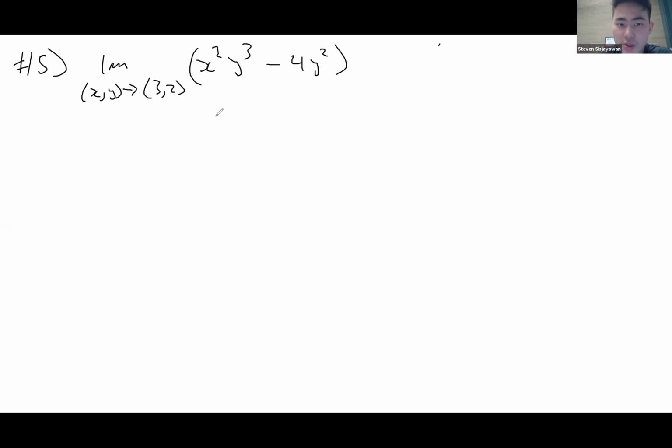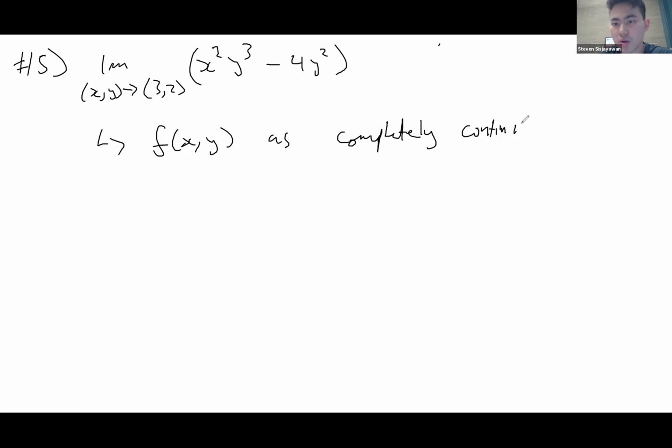So from this, since you have a function f(x, y) as continuous, we can say that the limit does exist. And in this case, we can just prove it by just plugging in (3, 2).